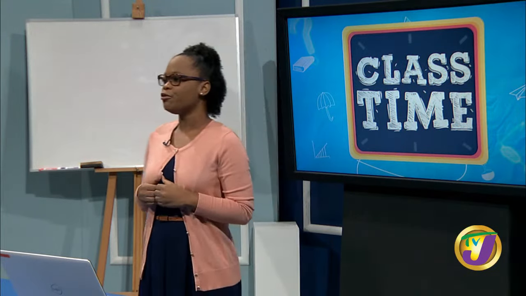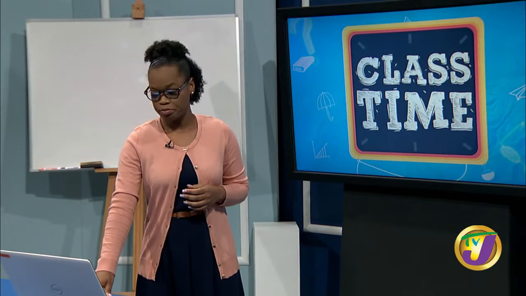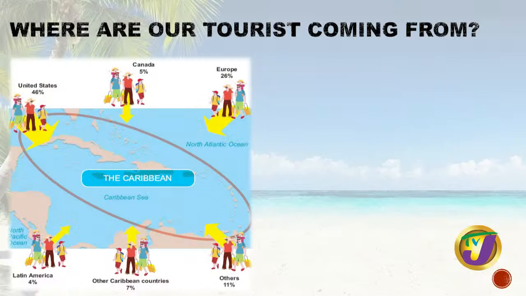Looking at the Caribbean region, we want to know where our tourists are coming from. I want you to look on my flow map. You will see some arrows and some numbers. Now the arrows are indicating by their size the direction or the movement of the people where they are coming from.